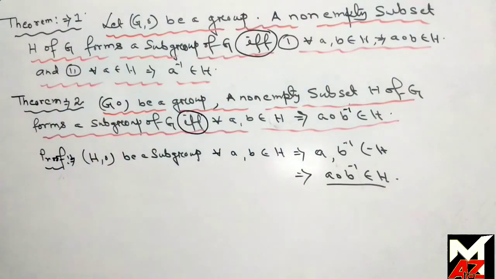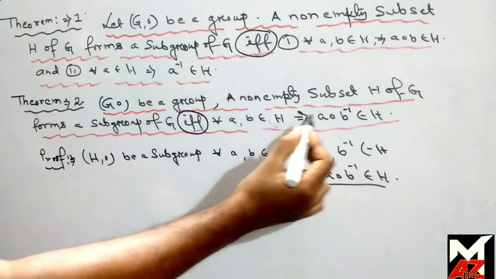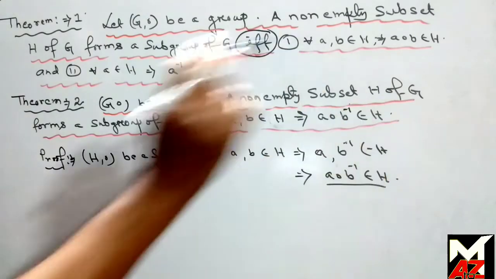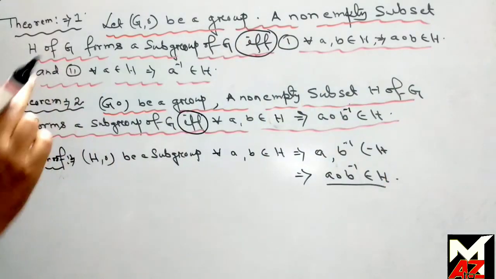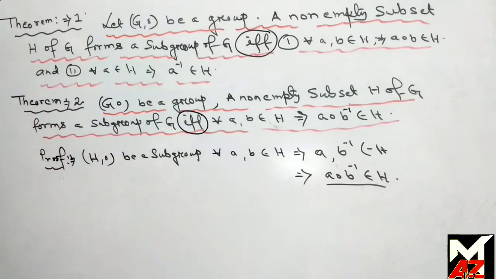Now we prove the other part. Here we take for all a, b belongs to H implies a ∘ b inverse belongs to H, and we have to prove that (H, ∘) is a group, or a subgroup of G. That is, we have to prove (H, ∘) is a group, so all the 4 properties we have to see here.